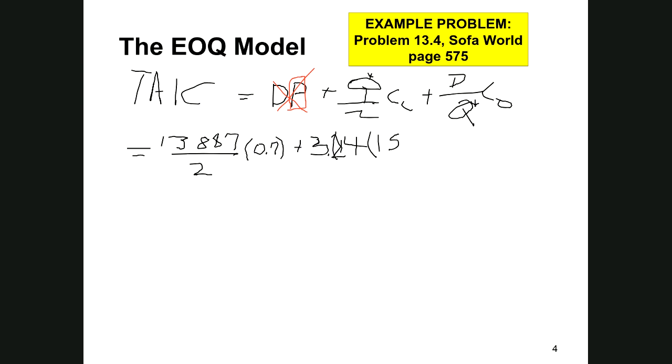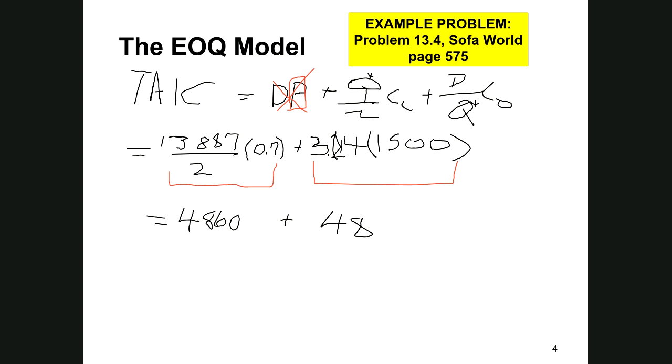And if the arithmetic is correct, this value will be exactly equal to this value. And it turns out that each term is going to be $4,860 plus $4,860, which is $9,720.